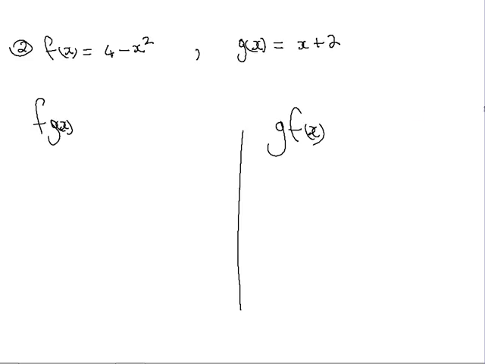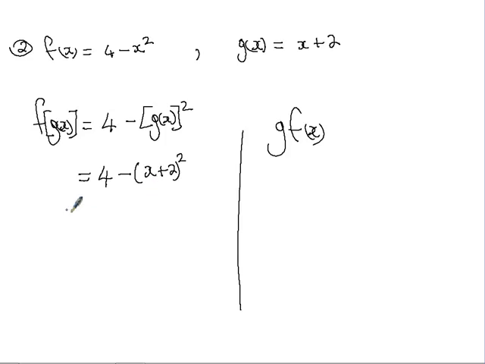For f of g of x, I'm going to put g of x into f of x. That means this is going to be 4 minus g of x squared. So we have an expression for g of x, of course. So we're going to have 4 minus (x plus 2), that is g of x, squared.